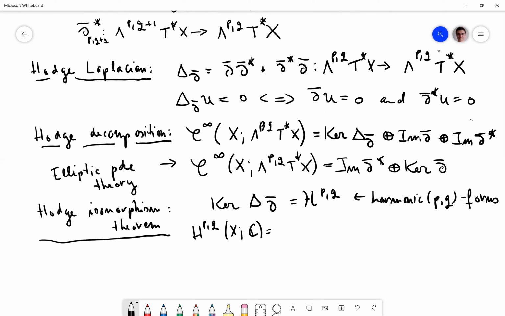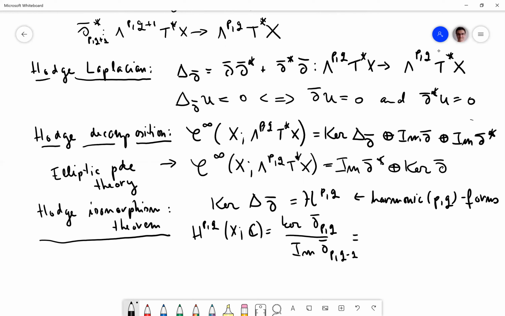of X, which is what? The kernel of ∂̄ on (p,q) forms over the image of ∂̄ on (p,q-1) forms.